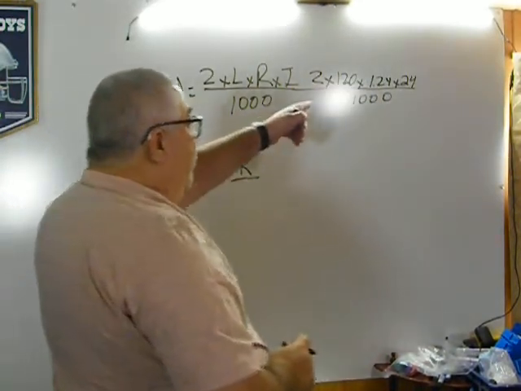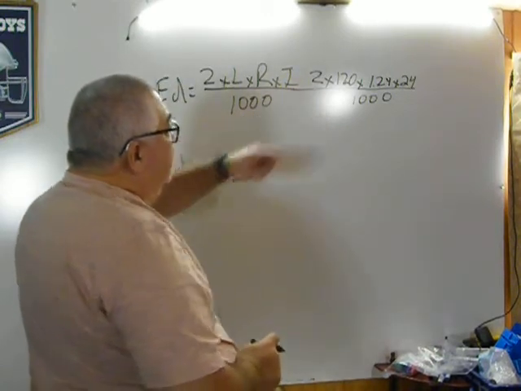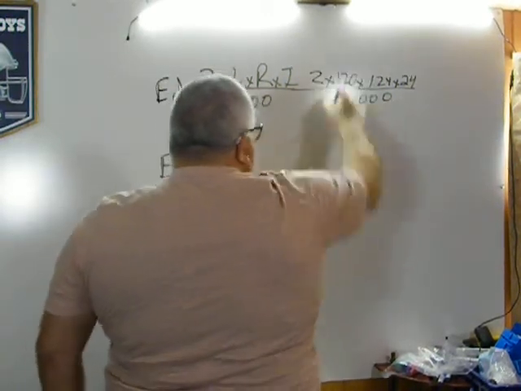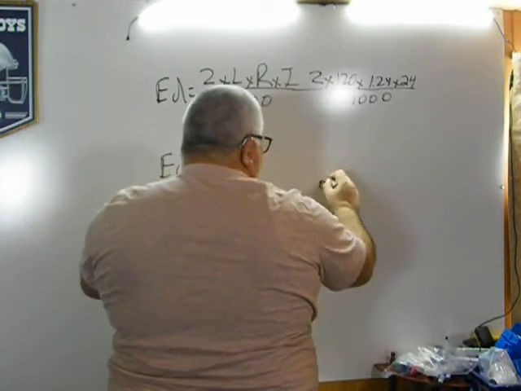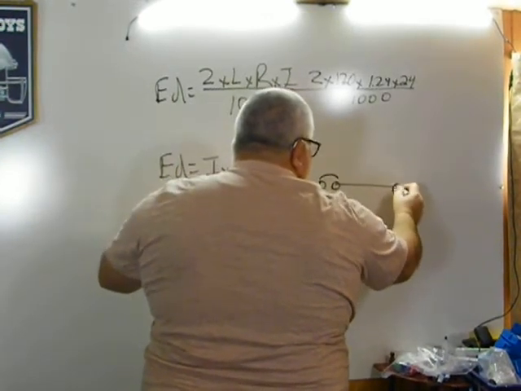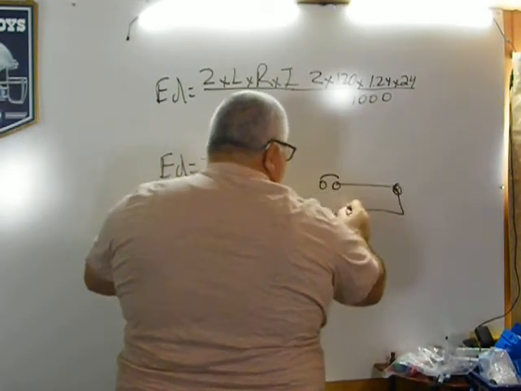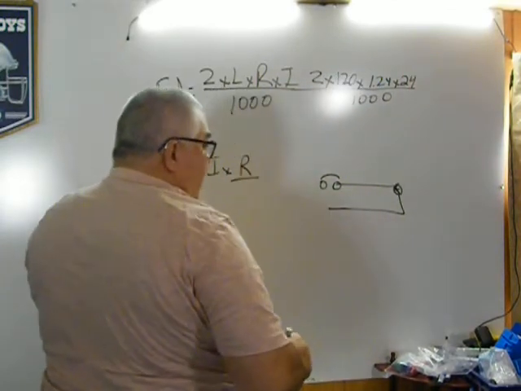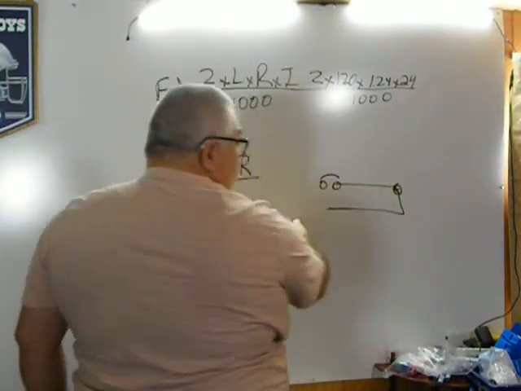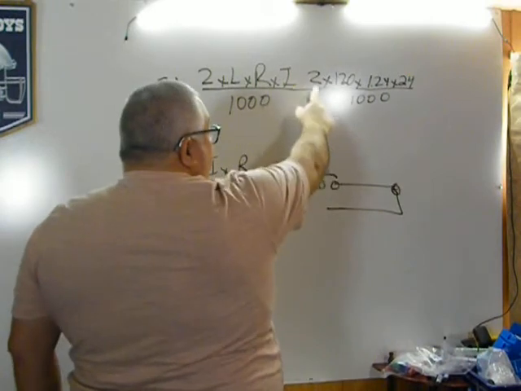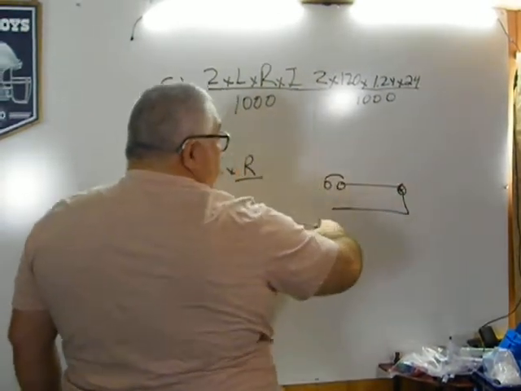Within the formula, it's already multiplying everything. We have the breaker, it goes, we have our load, and we have a return. So it's 120 feet there and 120 feet back. That 2 automatically multiplies.